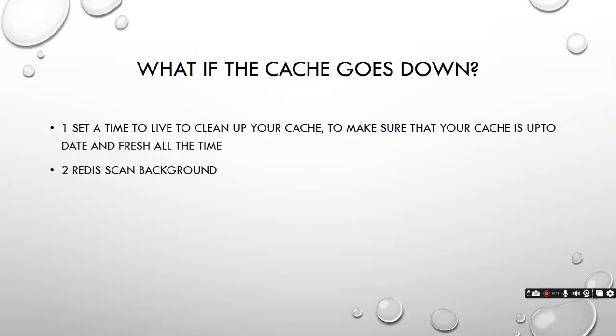So what if the cache goes down? As I explained earlier, these caches sometimes go down. So you must set a time to live so that you can clean up your cache and update it after a specified amount of time. Maybe it could be 10 minutes, maybe it could be an hour, depending on the architecture of your application and how your website works.